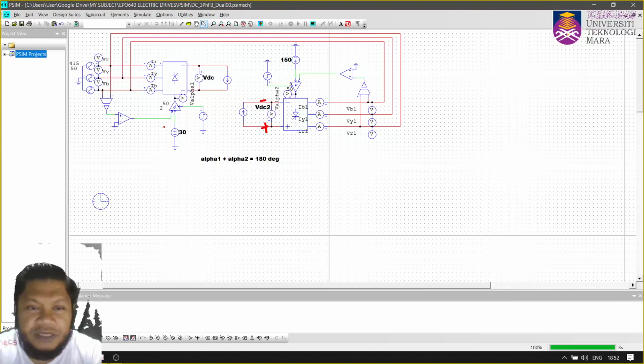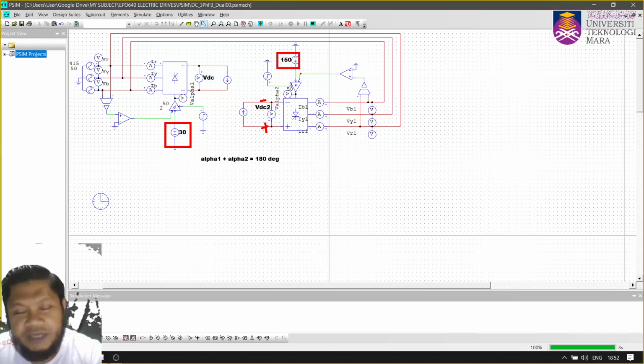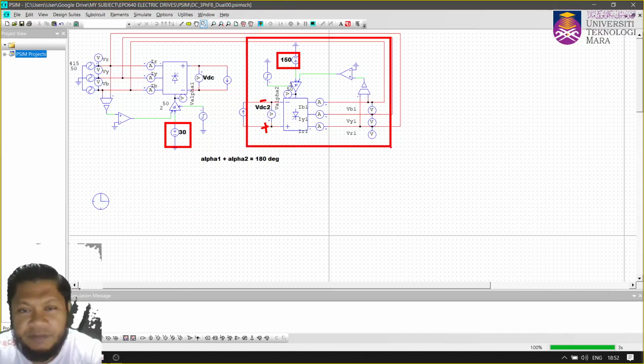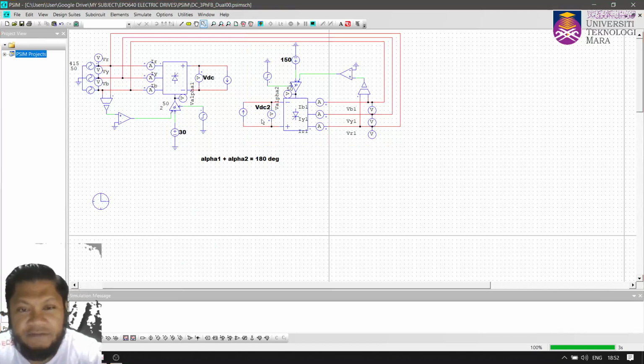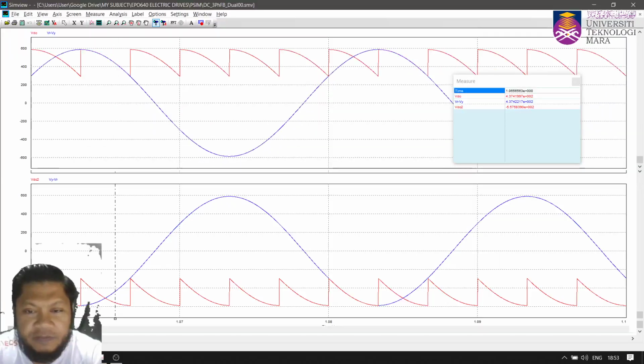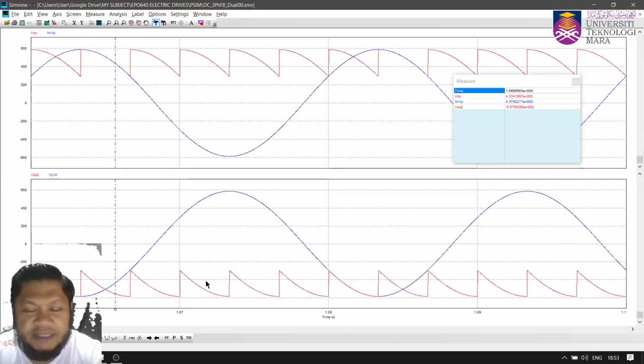So in this circuit you have 30 degrees, for the second converter it is 150 degrees, and that's why, if you look at the circuit just now, it will give a negative voltage for converter number 2. If I can go back to here, look at that, this is negative voltage.